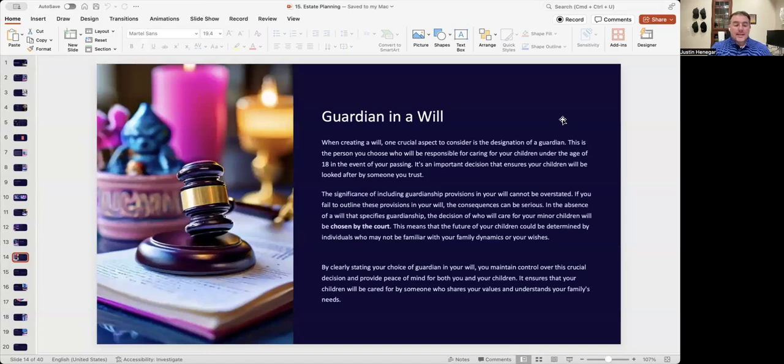Some individuals may die before any of their children or people that they're responsible for are of age to be able to take care of themselves. And so you would want to make sure that in a will you have guardianship provisions if you have children or expect to have children before any type of update. And of course, we all don't know when we're going to die, and so it's important that this be done. If not, children then become wards of the state, and that's not normally what we want to happen.